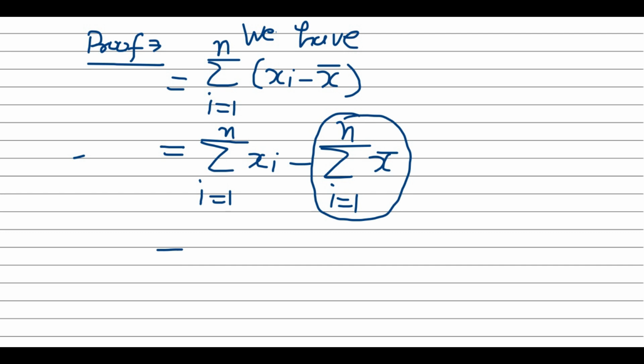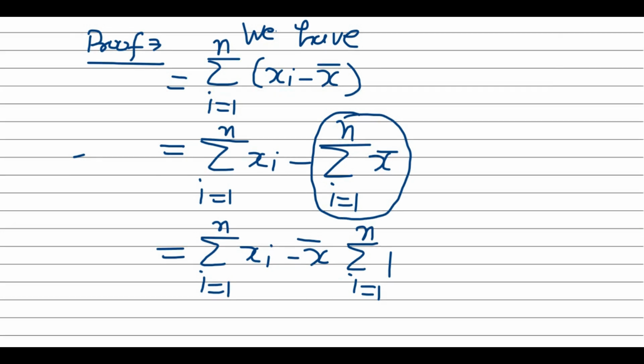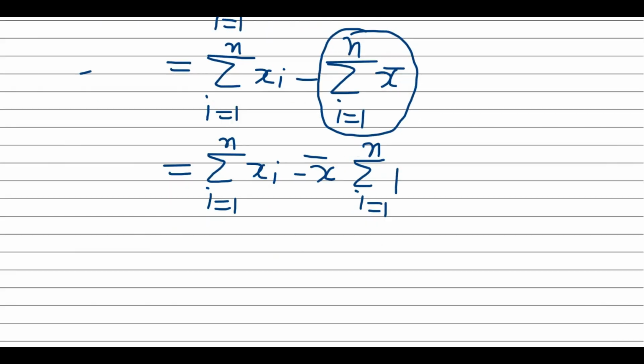So again I am writing this expression: the summation from i equals 1 to n of xi, minus x bar times the summation from i equals 1 to n of 1, and the summation of 1 n times would be n.